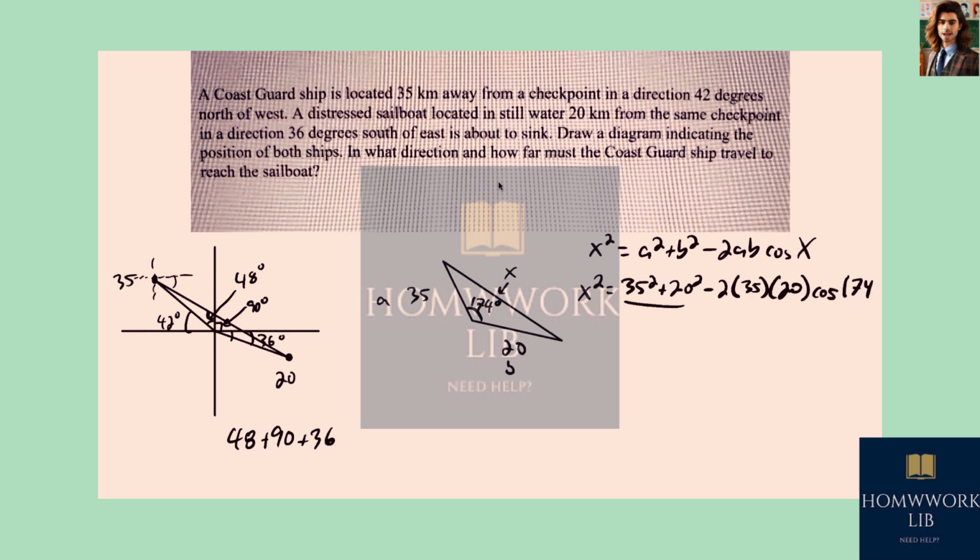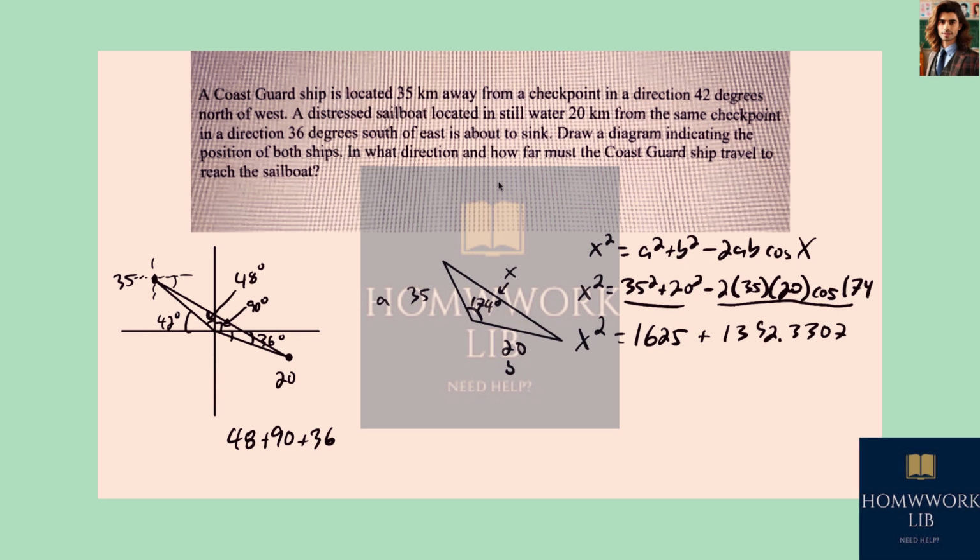I like to do these two first. So 35 squared plus 20 squared comes out to 1,625. And then I'll do these all together as one multiplication. So that's -2 times 35 times 20 times the cosine of 174. I do that and I get a positive 1,392.3307, getting a few more decimal places.